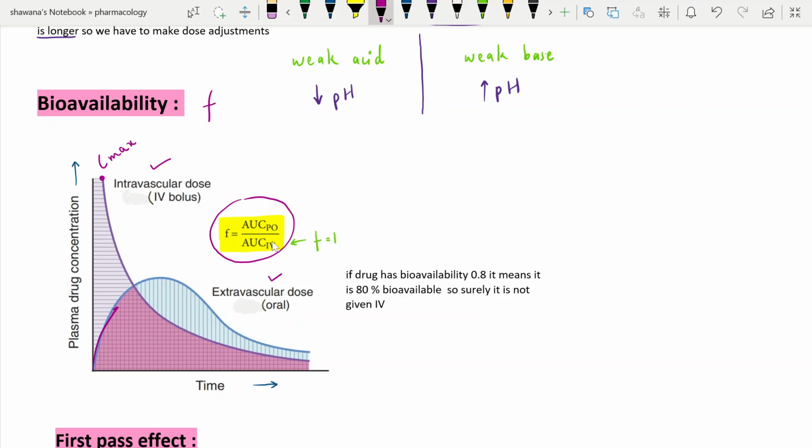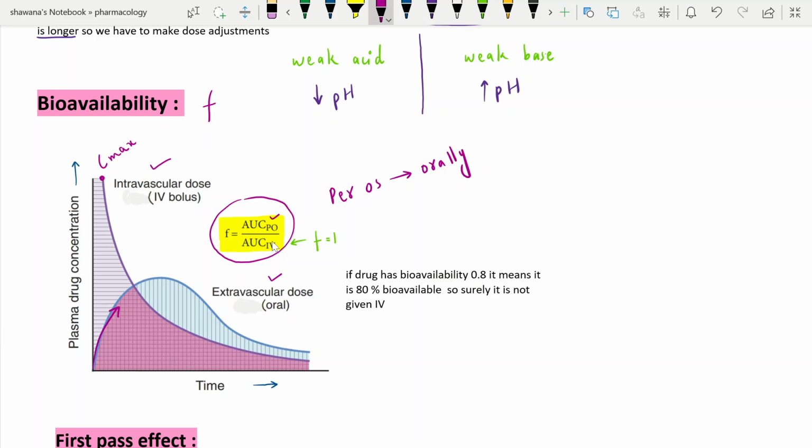So the formula for the bioavailability is the area under the curve per os, meaning when we take the drug orally or extravascularly, over the area under the curve intravascularly. This is the formula for the bioavailability, and examiners can give some pharmacological scenario, and you can use this formula for the calculation of bioavailability of any drug.